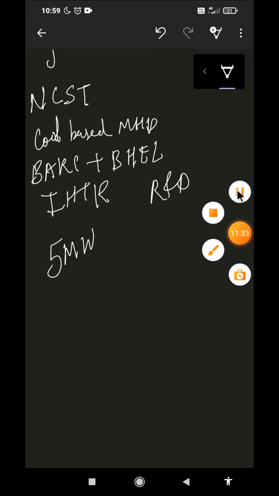Under the joint Russia program in India, a prototype MHD generator having 5 megawatt thermal input with coal gas as fuel, which uses a seed of 50 percent K2CO3, that is potassium carbonate, in water, has been built at BHEL in Trichy, Tamil Nadu, in collaboration with BARC, that is Bhabha Atomic Research Center, Mumbai.